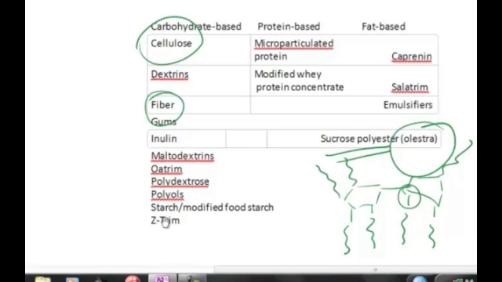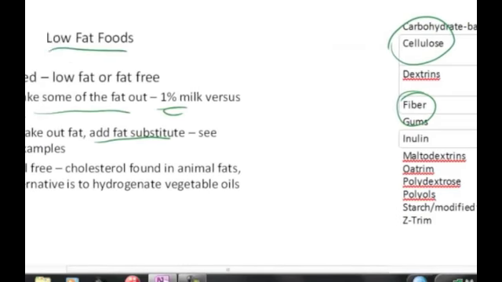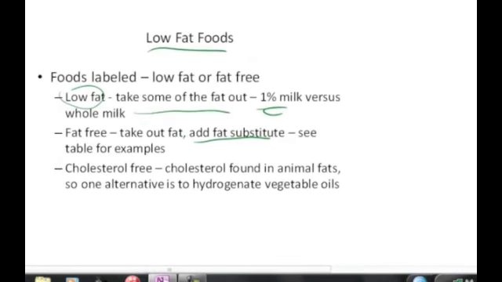So there's been all kinds of food science done to try to make fat substitutes with varying success. And then cholesterol-free foods. Cholesterol is found in animal fats, and one of the things cholesterol does in animal fats is it makes the fat more stiff.